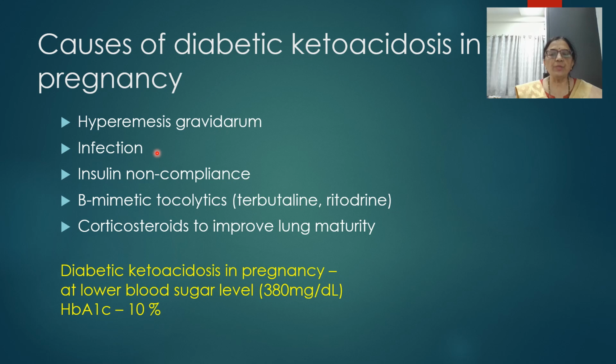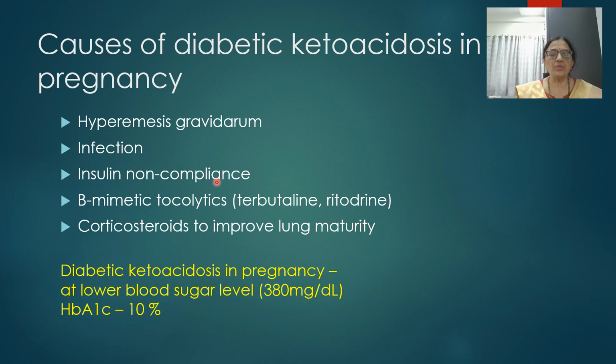If the mother has any infection, urinary tract infections, and even post-operatively there can be wound infections or puerperal sepsis, any infection is associated with increased risk of diabetic ketoacidosis. Sometimes there is insulin non-compliance. You put the patient on insulin with overt diabetes and there is non-compliance, and then the patient comes to us with diabetic ketoacidosis.